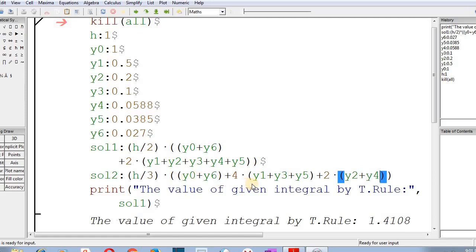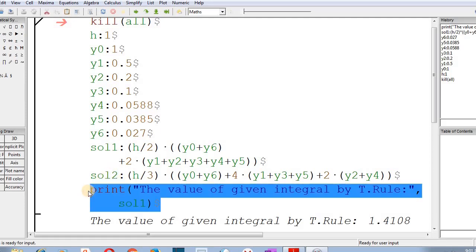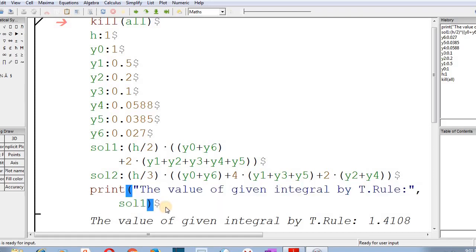All even values we also have to take. So this completes Simpson's 1/3 rule. Make its ampersand, and again I have to type this value. The same value will be there, and only the formula I have changed as S2. Now I will print the same result.